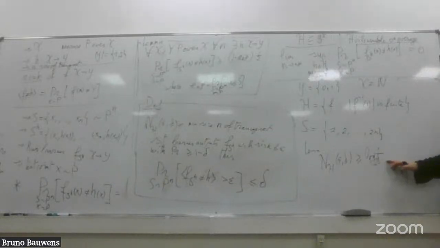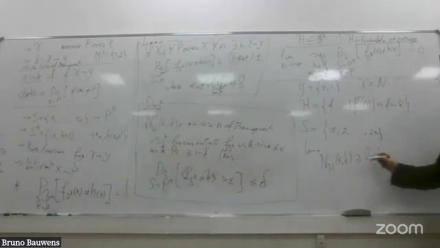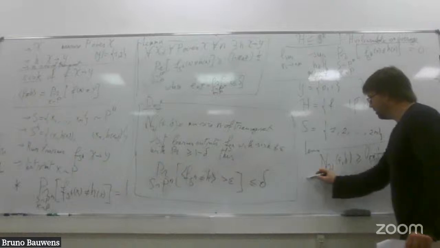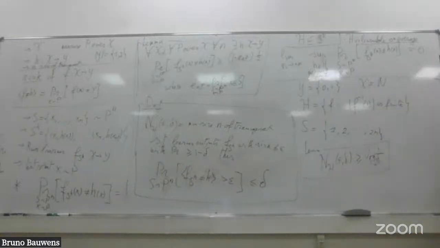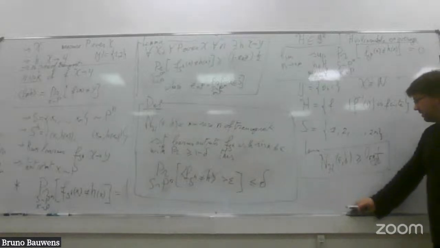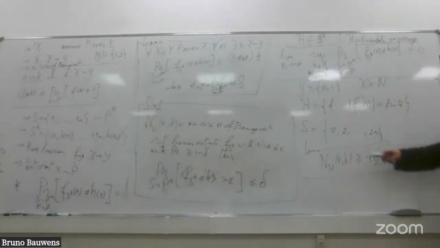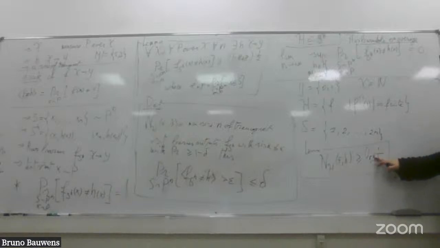So how do you prove this? If we restrict to deterministic learners, we don't need the 2.